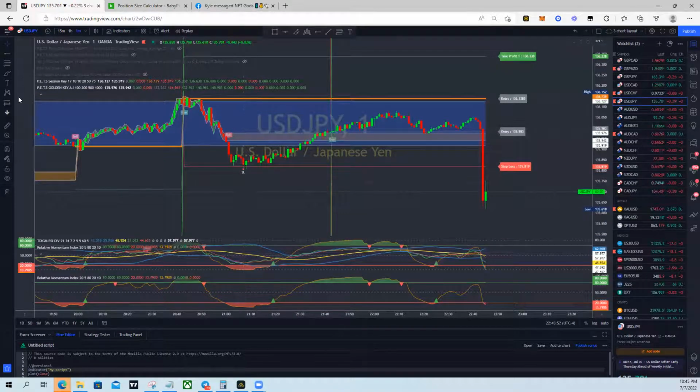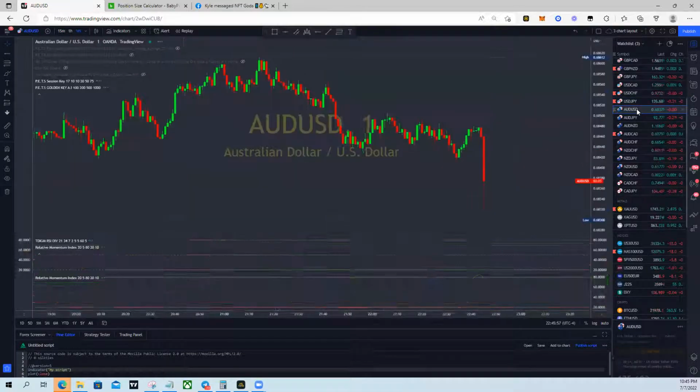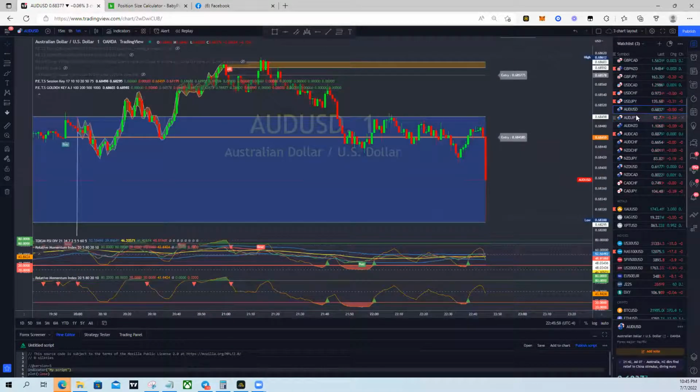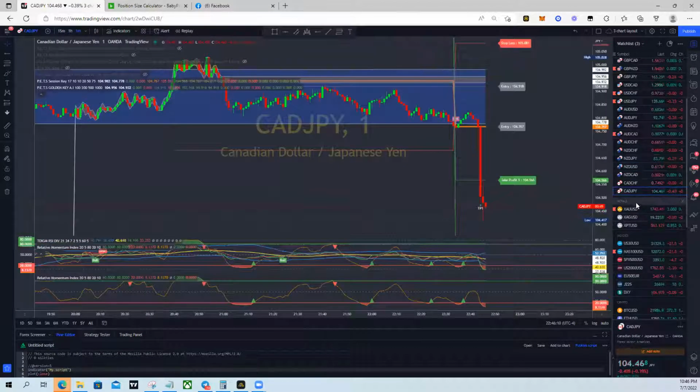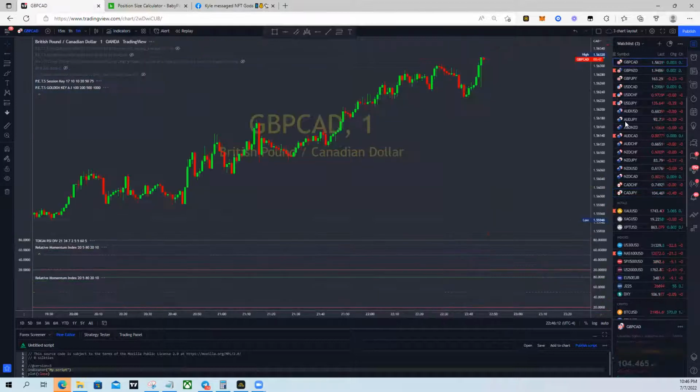Off the minute chart action. UJ, what else? Is it all USD? USD must have had some news. All USD pairs. CAD JPY is making a move too.